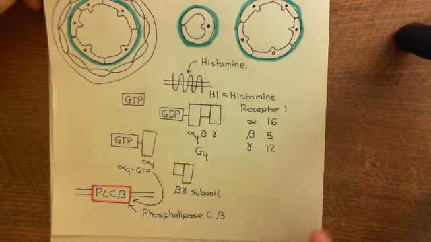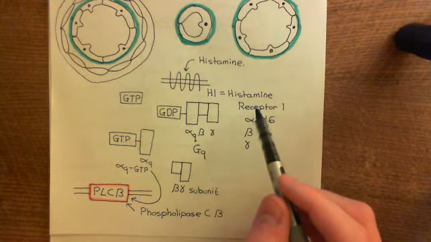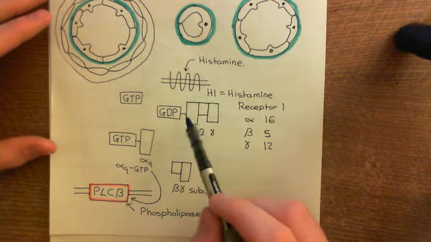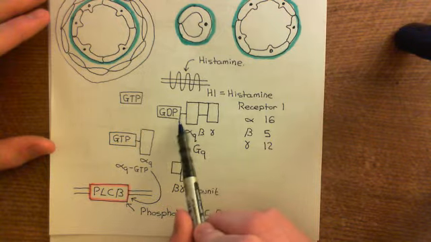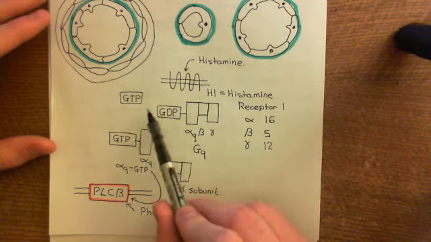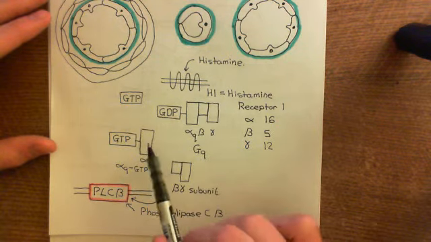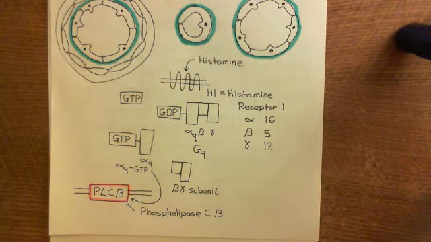So remember, histamine stimulated the histamine receptor type 1 on the surface of the endothelial cell, which then catalyzed the breaking off of this guanosine diphosphate and the binding on of the guanosine triphosphate. So you've got the alpha-Q GTP, which went off to cause the release of calcium, which has caused everything so far.